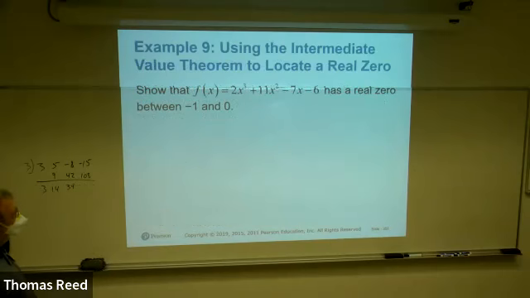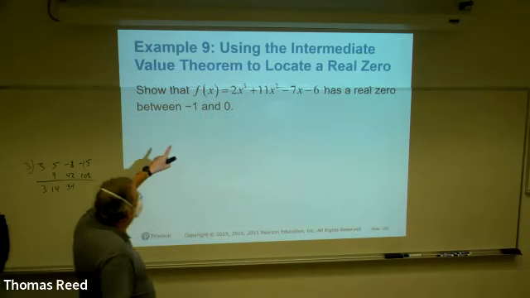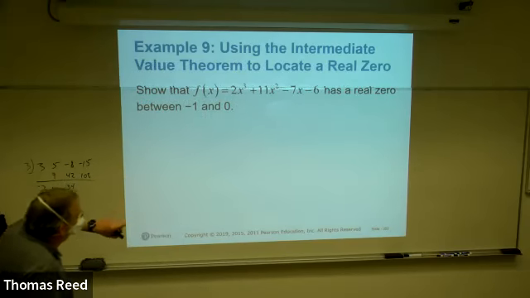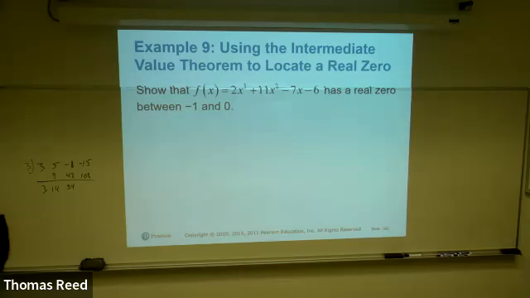Show that this has a real zero between -1 and 0. So you put -1 in. So it's a -2 plus 11 plus 7 minus 6, which is 10.